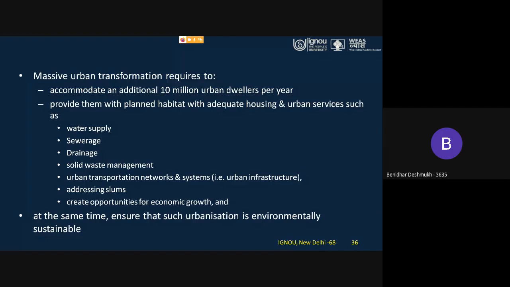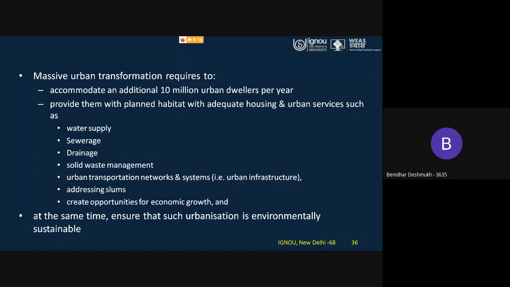So for that, there is an estimate that there is a requirement of accommodating about 10 million urban dwellers per year, and if they come to the urban areas, then there should be planned activities for water supply, sewerage, drainage, solid waste management, urban transportation, and also addressing the slums and their needs, and also to create opportunities for economic growth.